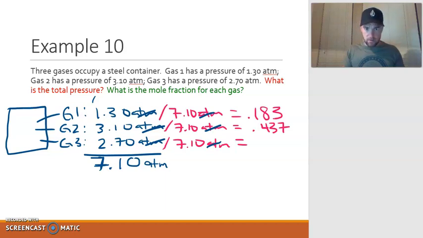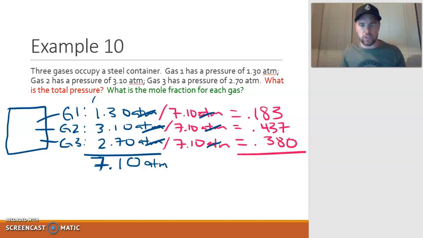And for the final gas, I get a mole fraction of 0.380. That's my answers right there. But I want to add those up to make sure that it equals 1. Remember, all my fractions should equal 1. I get 0.183 plus 0.437 plus 0.380. Perfect. This equals exactly 1. So I know that I did it right.